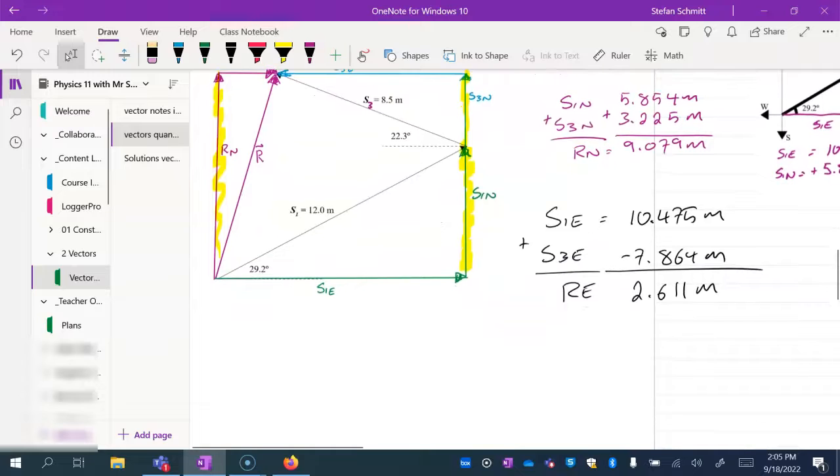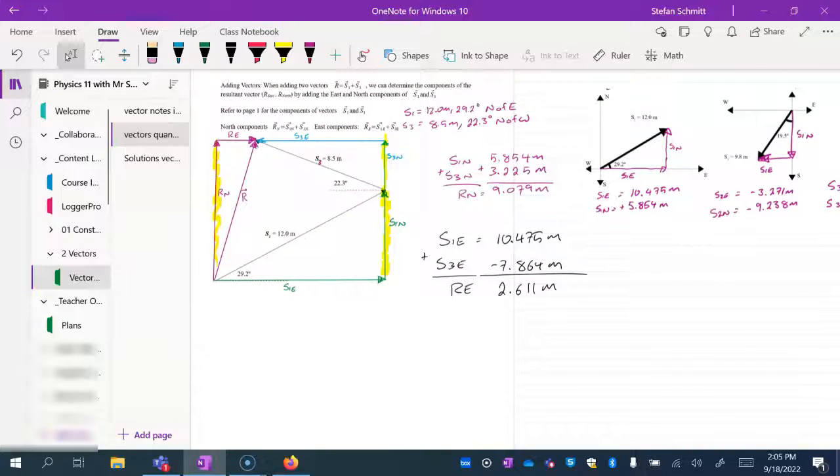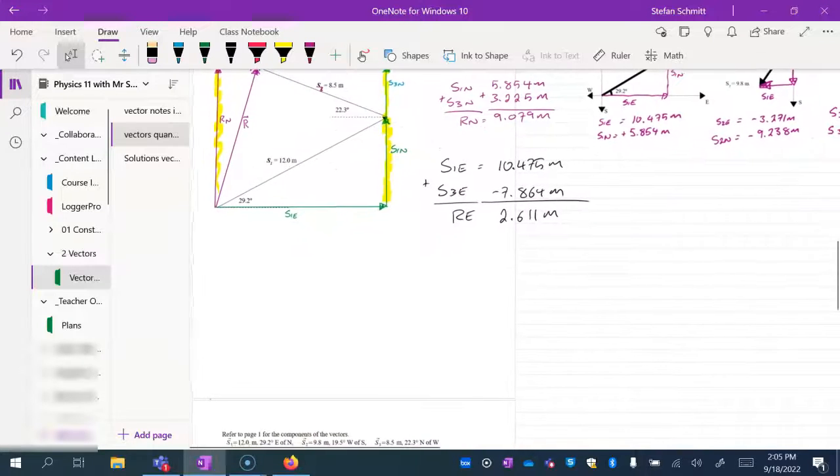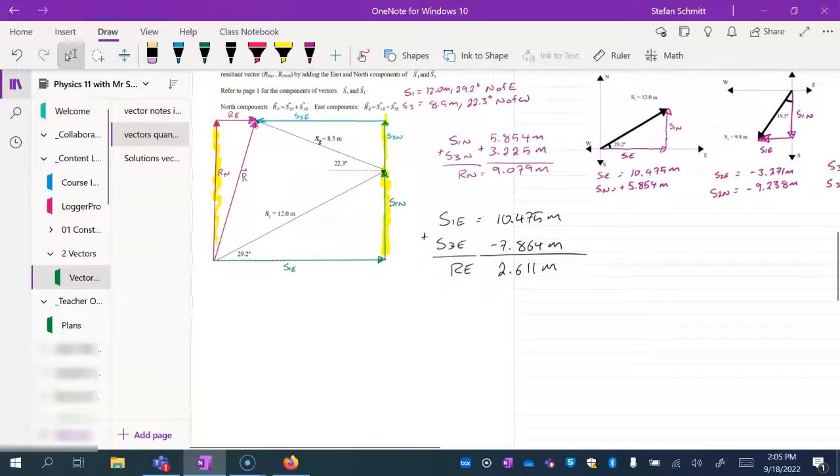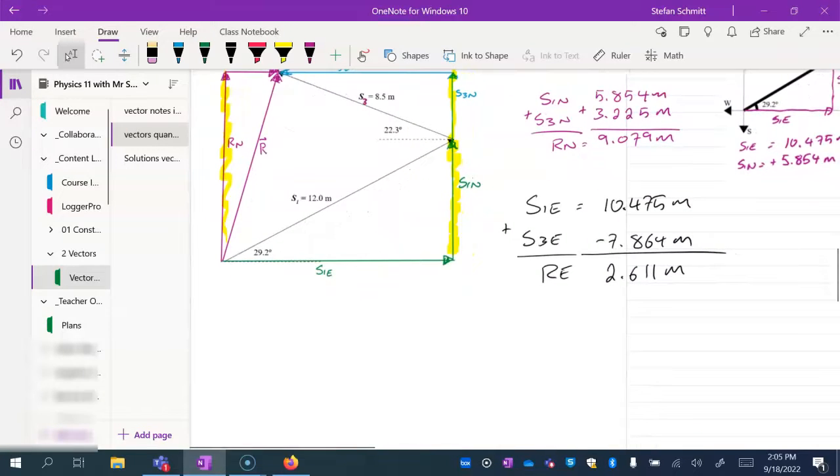And now, if we like, we can express the vector in polar coordinates. Let's do that. So we have east and north components. Let's just use the Pythagorean theorem, right? That is R squared, or the magnitude of R squared, equals the magnitude of the east component squared plus the magnitude of the north component squared.